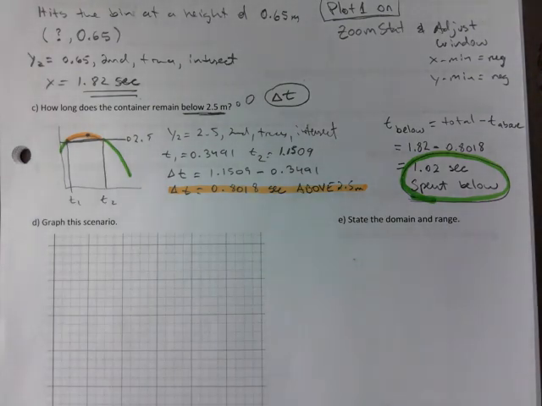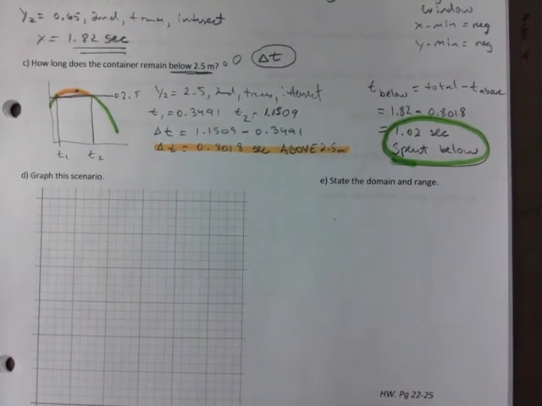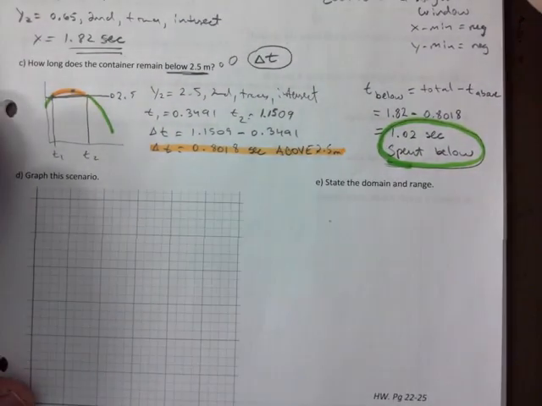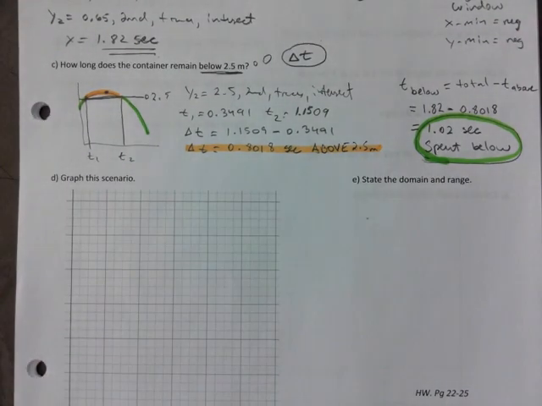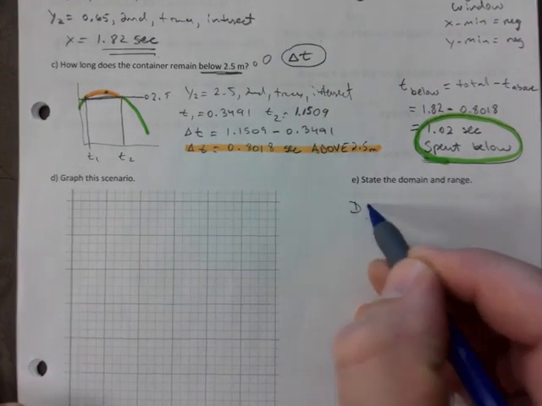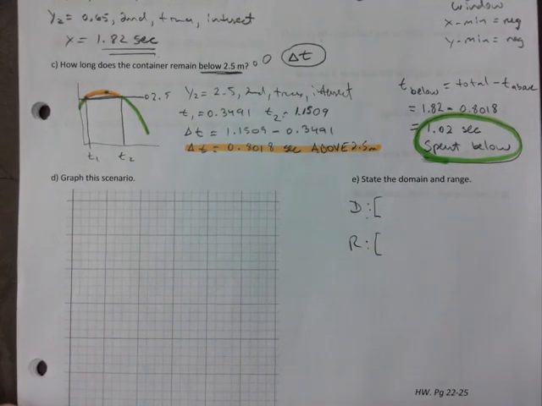Before I graph this, now we're talking nice graph, scales, all of that matters. I want you to come up with a domain and range. Quite often, 2 marks, right? So what would be the domain and range based on this?